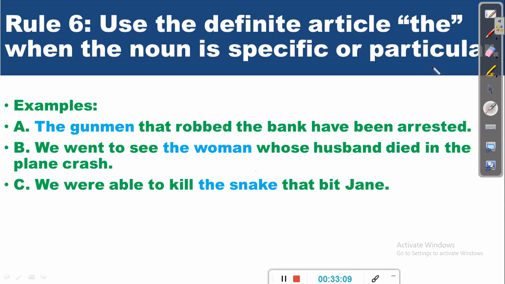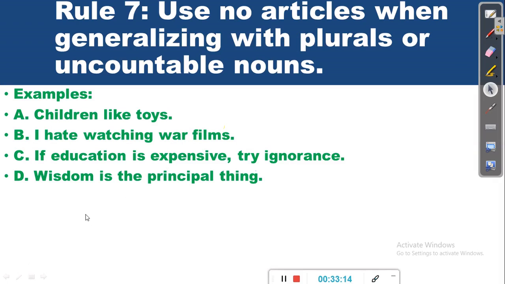Now let's move on to rule number 7. And rule number 7 states as follows: use no articles when generalizing with plurals or uncountable nouns. In other words, when we are using plural nouns, or we are using uncountable nouns, we don't need any article. For example, children like toys.